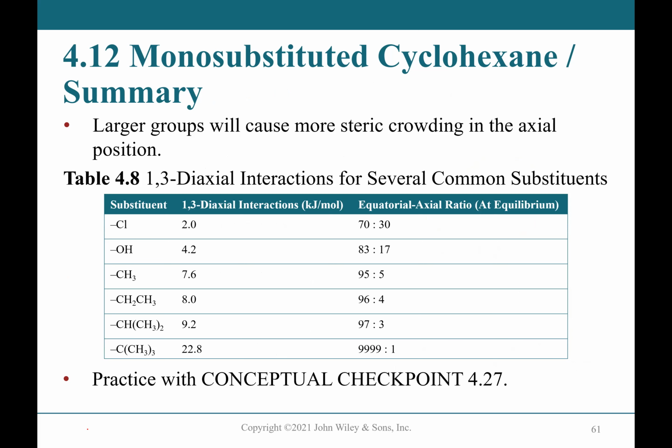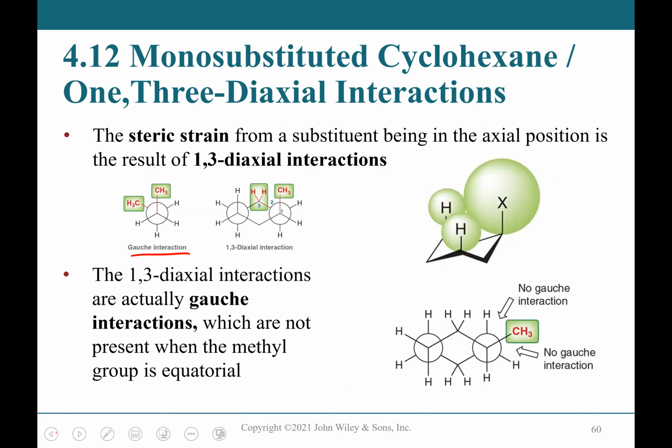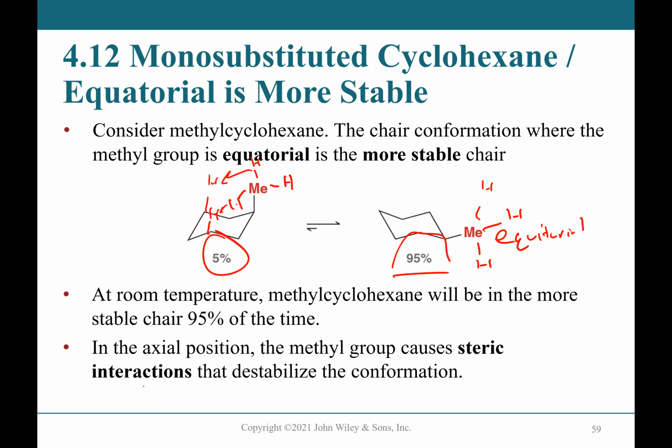When we look at the equatorial axial ratio, you can see that here's some type of, it could be tert-butyl. This is a tert-butyl group where, let's go ahead and draw that on the previous slide. I'm going to erase some of this stuff.